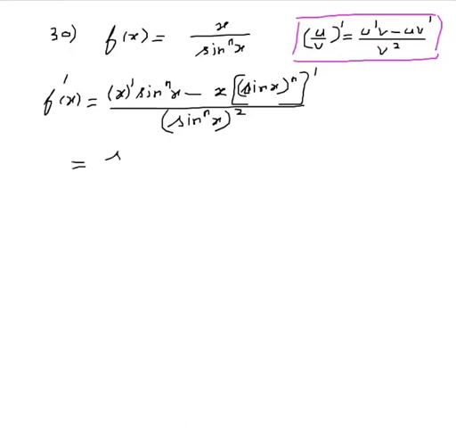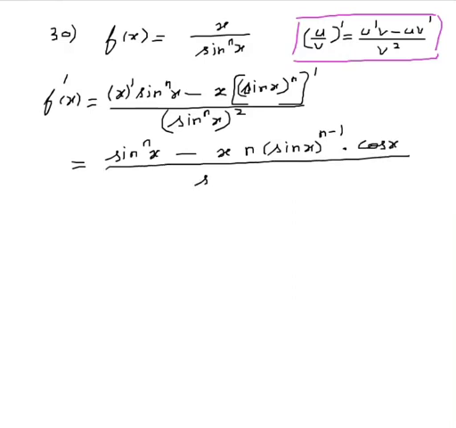Differential of x with respect to x is 1. So the first term is sin power nx minus x into, we are going to use chain rule, power has to be differentiated first, keeping the base same. So n into x power n minus 1 formula into, now base has to be differentiated, which is cos x, divided by, here we can multiply the exponents, so it becomes sine power 2nx.